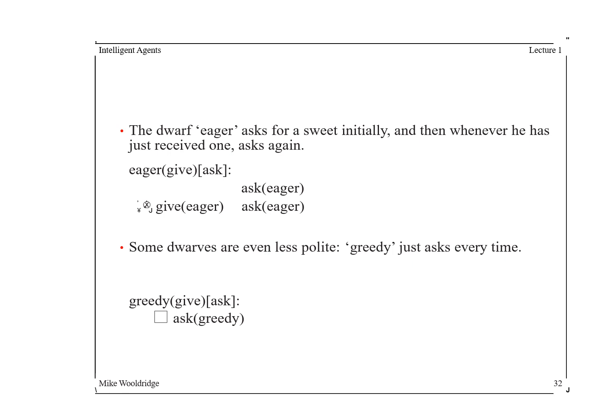So it's like if the agent has received it from the environment. That's the reason this has been written over here as the environment predicate, and here we are enclosing a particular agent in parentheses. Now there will be some that are even less polite. They would be greedy, and they just ask every time.